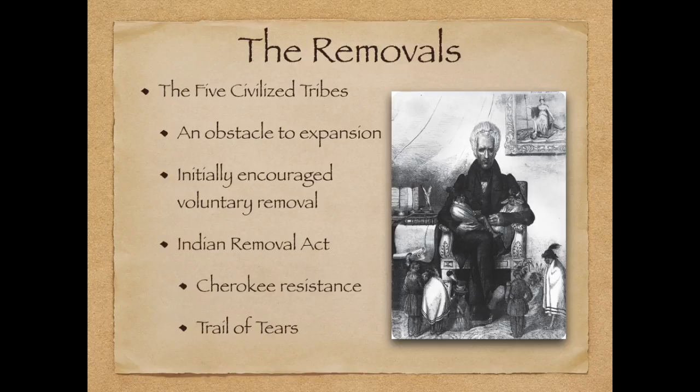Most of them were poorly prepared for it, and a good number of them died as a result of the removal. Tribes living in the Northwest Territory didn't do much better, as a series of treaties managed to extinguish the land titles that they owned, and most of them were forced to move west of the Mississippi.